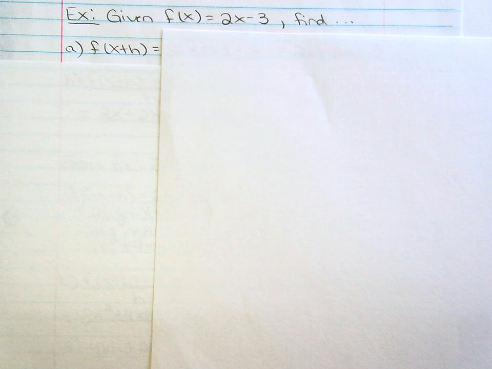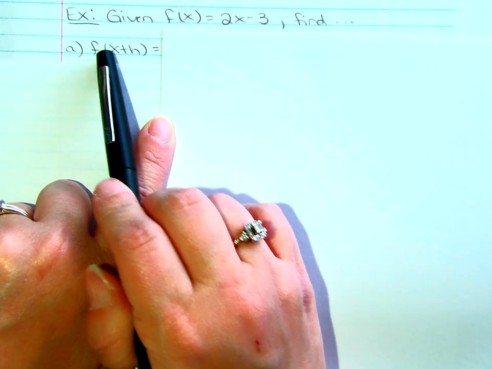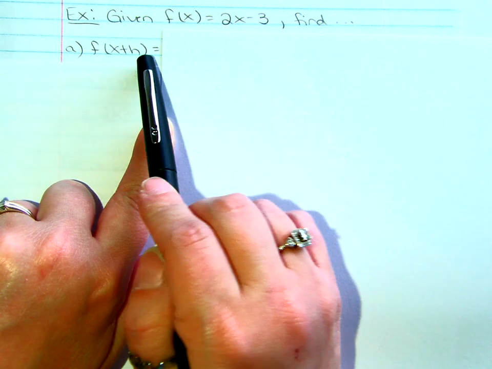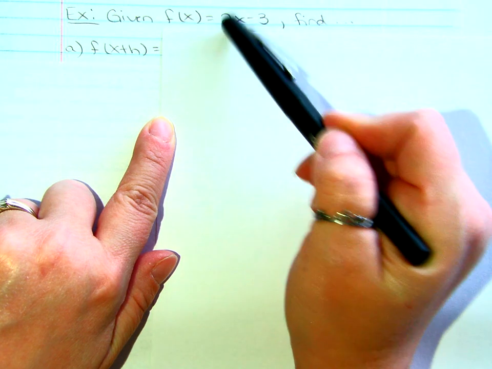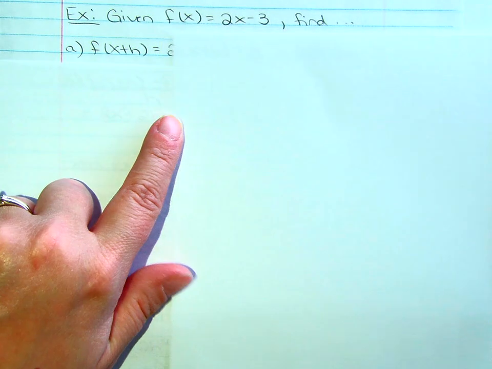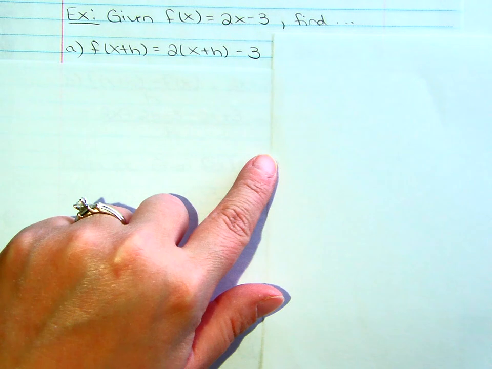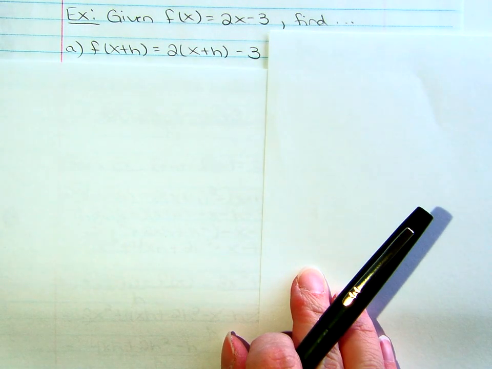Whatever is inside of our function, this x plus h, we substitute into the function in place of the x. So instead of 2x minus 3, we're going to have 2 times the x plus h minus 3. I substituted in the x plus h in place of the x.